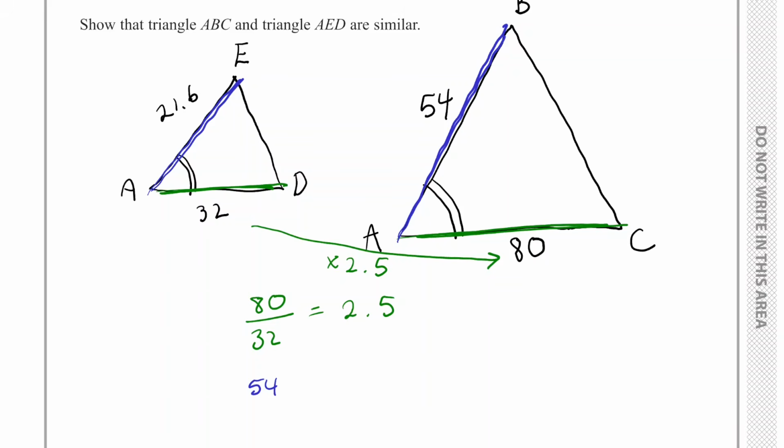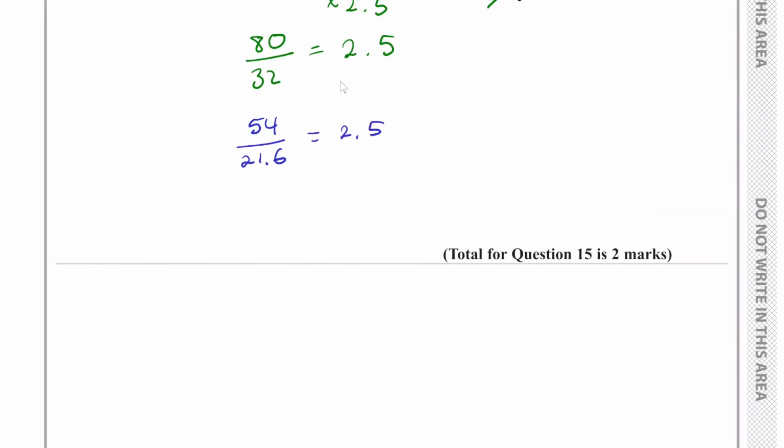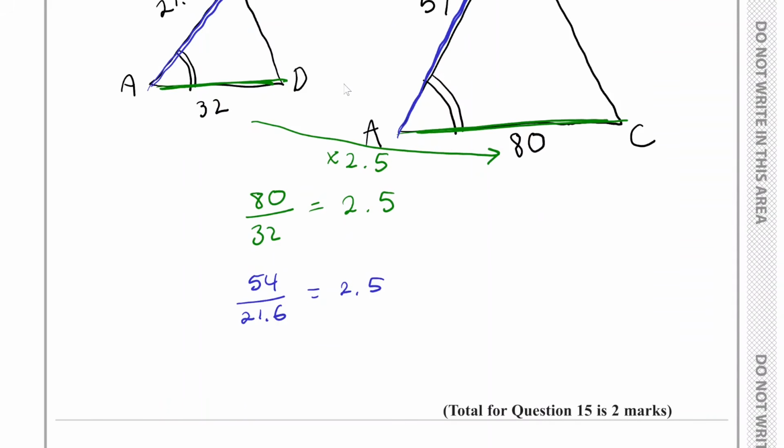So 54 divided by 21.6 is also 2.5. So we times by 2.5. They've got the same scale factor. That means it's a similar shape. So the same scale factor and A is common.